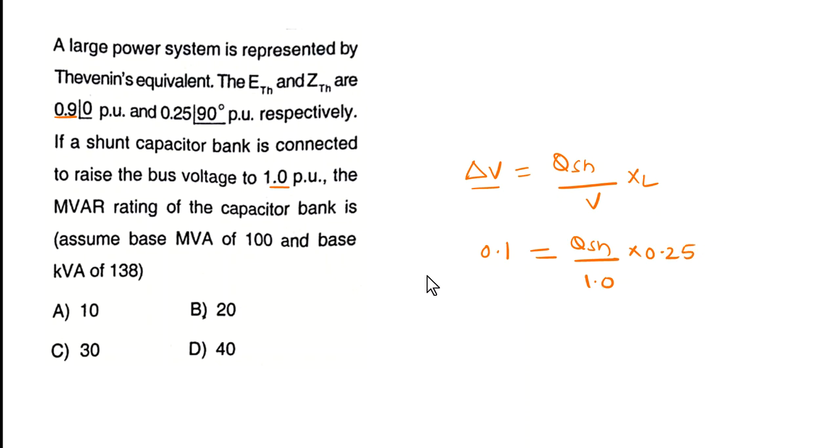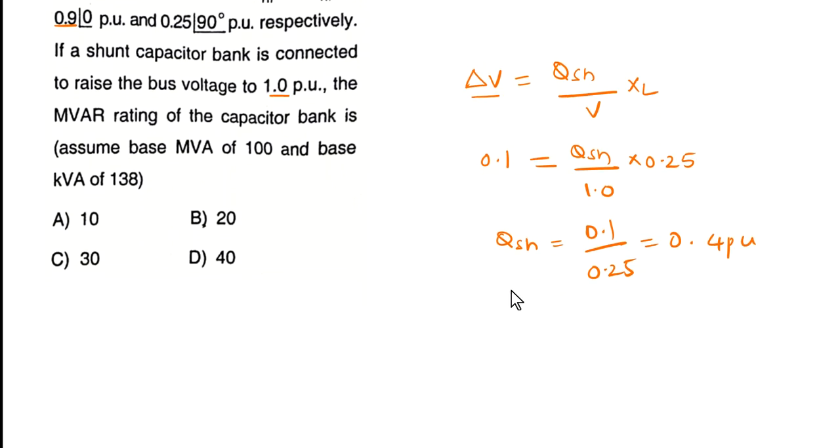Yes, right. From this QSH, what you can write, QSH is equal to simply 0.1 divided by 0.25 here, which is nothing but 0.4 per unit here.